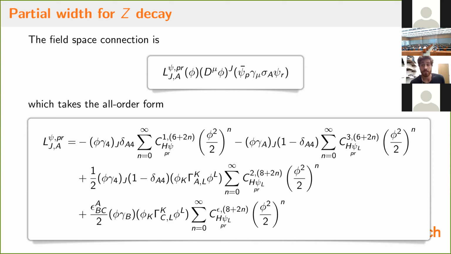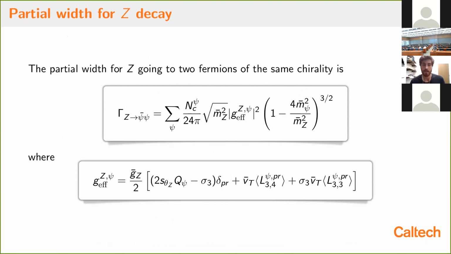And for the same reasons as for the metrics, the number of operators that enter here is limited, and because of that, you can write down an all-order expression for this connection. So with this in hand, as well as the metrics and Lagrangian parameters we had before, we can now calculate this Z decay to as high in the mass expansion as we want.